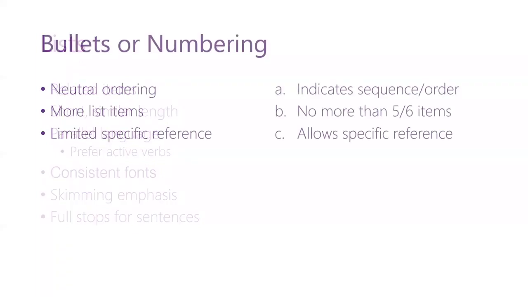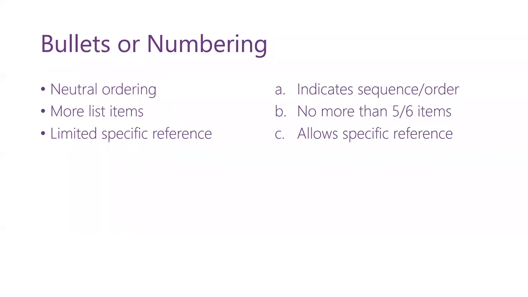Now, again, I've discussed this briefly the other day, but we'll talk about more of it today. Bullets or numbering. You use bullets when there is no order, it's neutral, and when there are more list items and there is limited scope for making a specific reference.